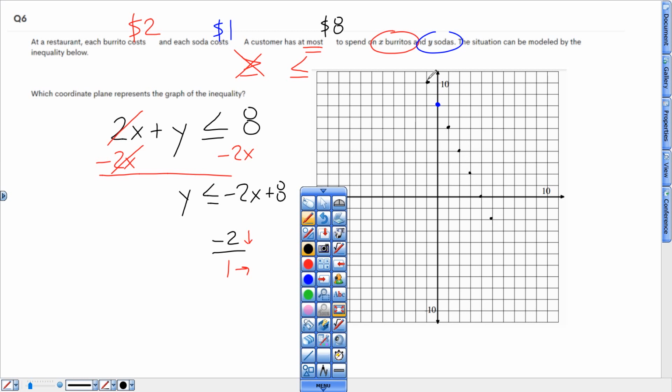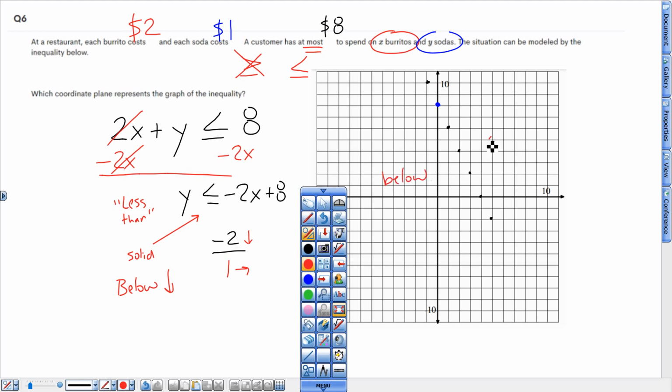This line, if you look at it, because of the inequality, is going to be a solid line, not a dotted. Because the inequality is the less than direction, the one that looks like an L, it's going to be shaded below the line. This is below, down here.